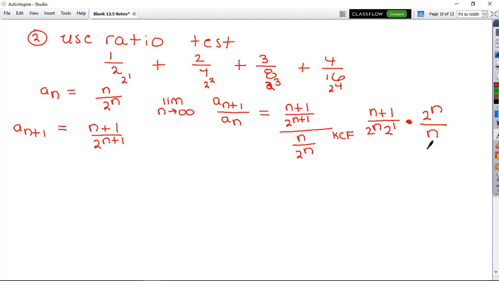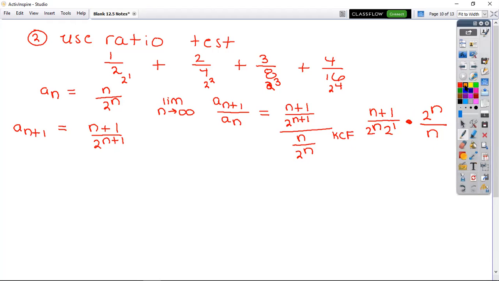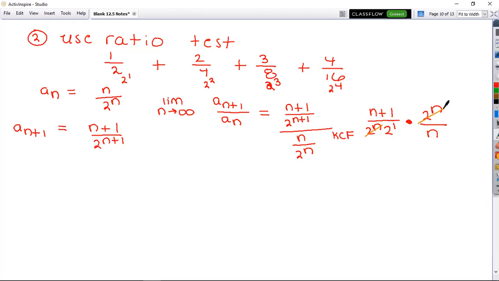Okay, so just a helpful little rewriting strategy. So now I can cancel my 2 to the n, my 2 to the n, and then I'm left with the limit as n approaches infinity of n plus 1 divided by 2n. And again, I'm going to take every single term and divide it by the highest power of n that I see. So 2n divided by n.